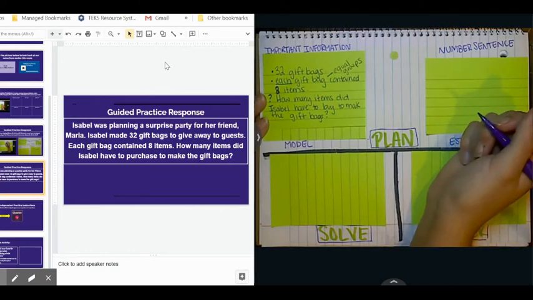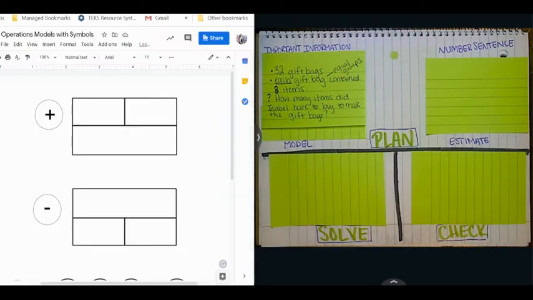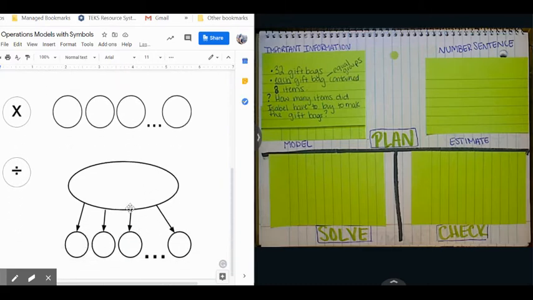And equal groups tell me that I am going to use one of 2 operations. Since addition does not need to be equal groups combined, and subtraction does not need to be equal groups taken away or repeatedly subtracted, I know that multiplication and division are the 2 operations that I need to look at.